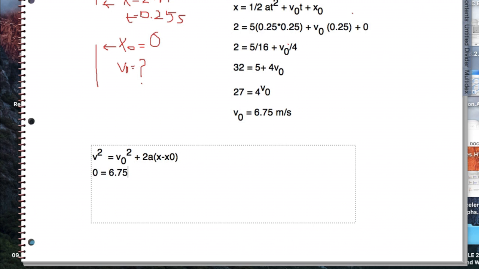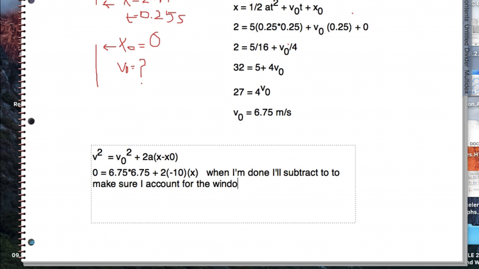Then I have 6.75 squared as my initial speed squared, plus 2 times the acceleration, which is negative 10, times x that I want to solve for. And when I'm done, I'll subtract 2 to make sure I account for the window.